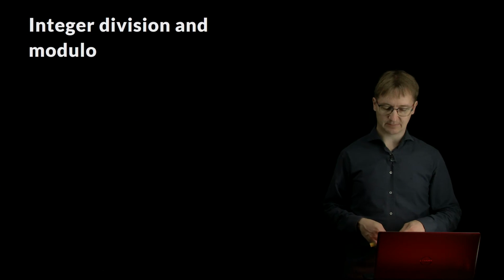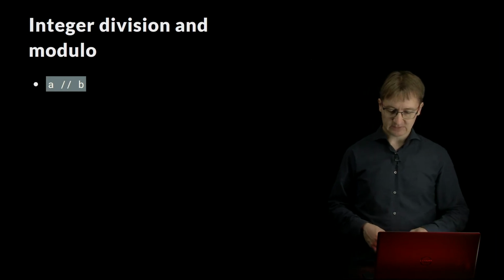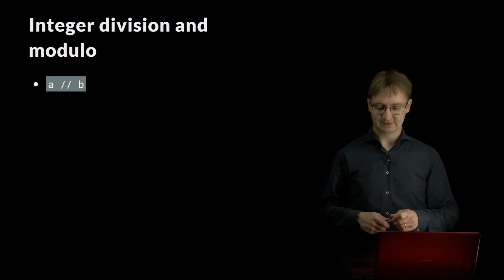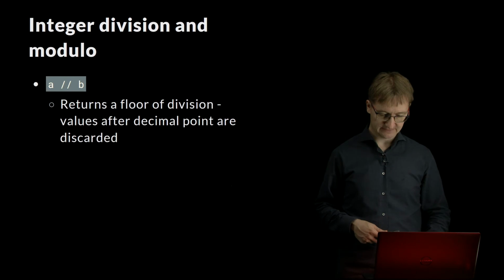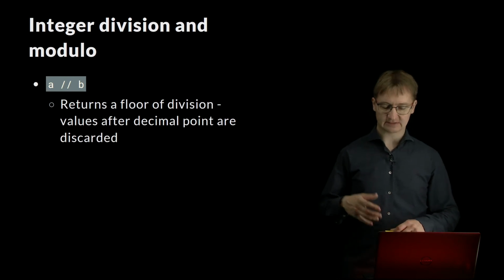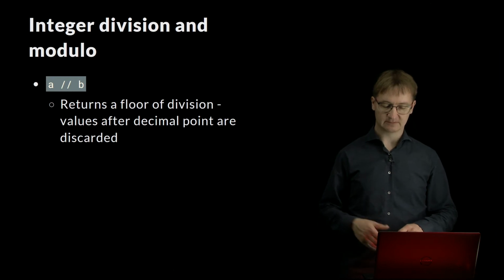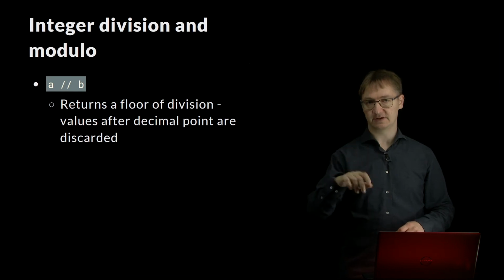So let's see about integer division and modulo, or the remainder calculation. If you have two numbers and we use two division symbols, then this is integer division. What happens is that it actually returns the floor of the division. So basically we take the division and we take the integer part of it.